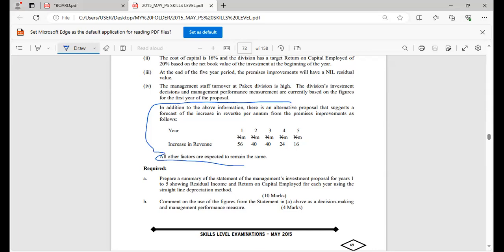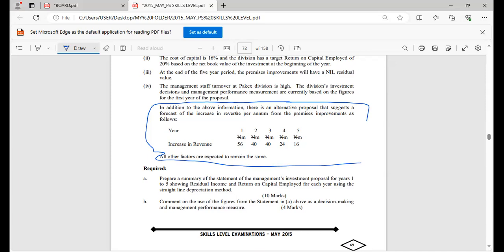In addition to the above information, there is an alternative proposal that suggests a forecast of the increase in revenue per annum for the premises improvement as follows. Okay, alternative.